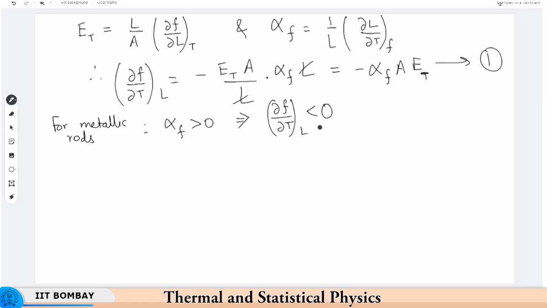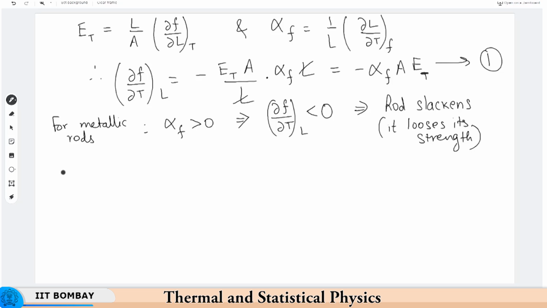But now if you increase the temperature, since this quantity is negative, you need less and less force to maintain that length. That means the rod is slackening, it is losing its rigidity. So basically it loses its strength. And if you keep on increasing the temperature, of course, the rod will melt and you will require absolutely no force to hold it.